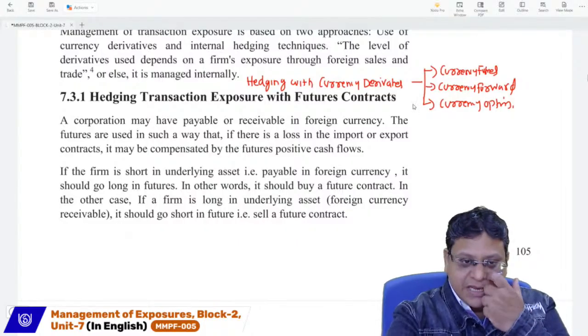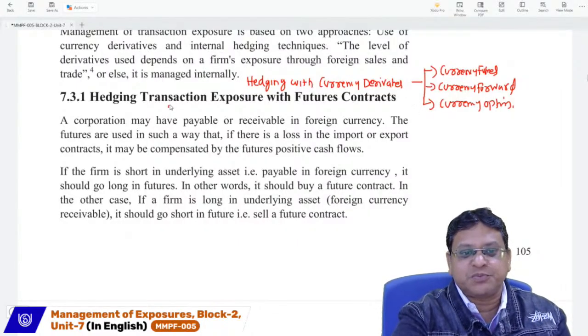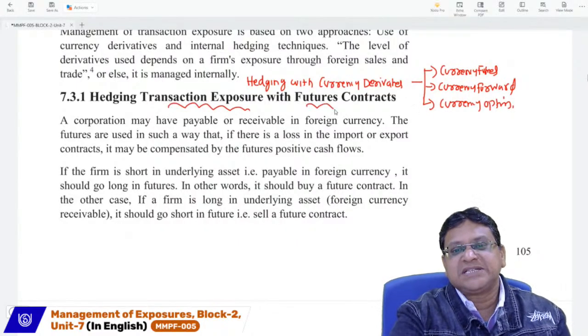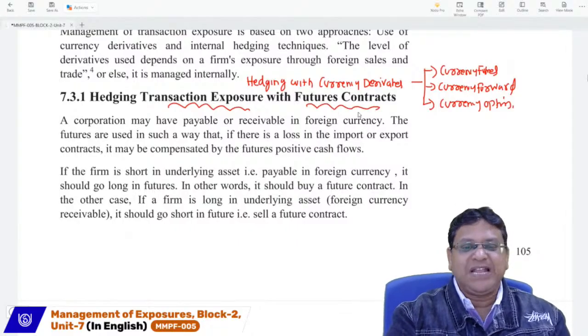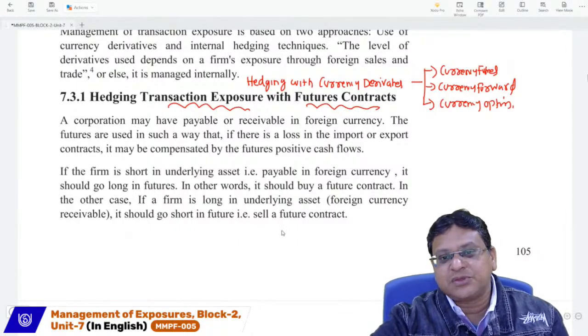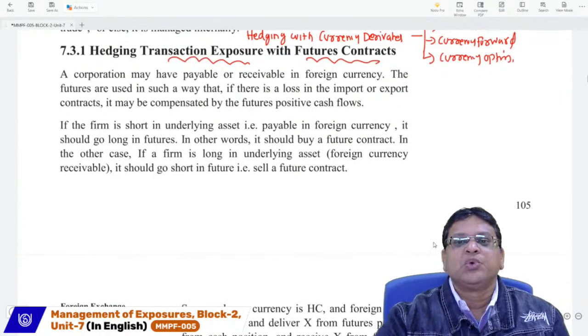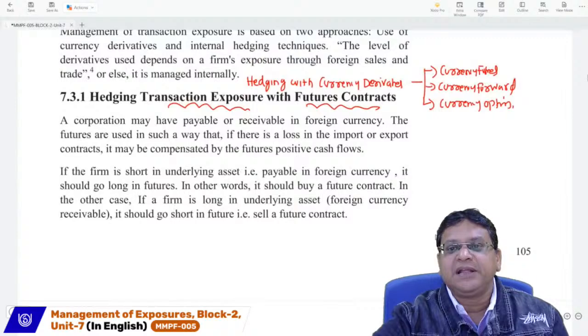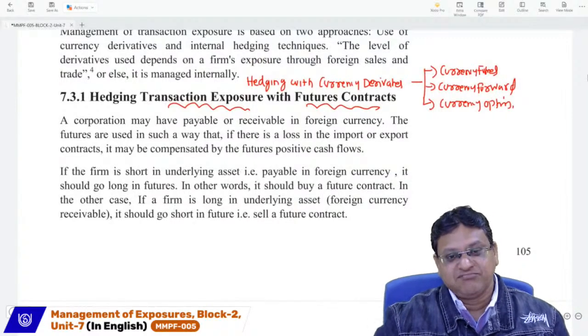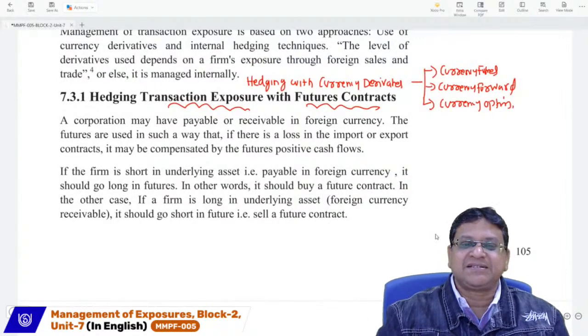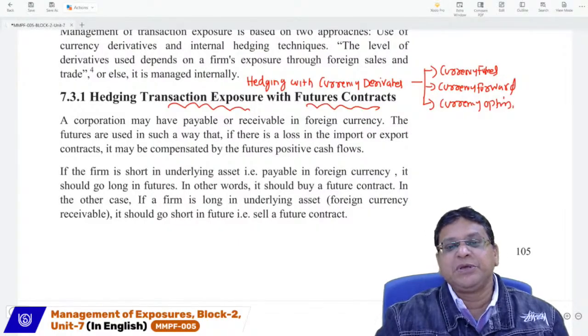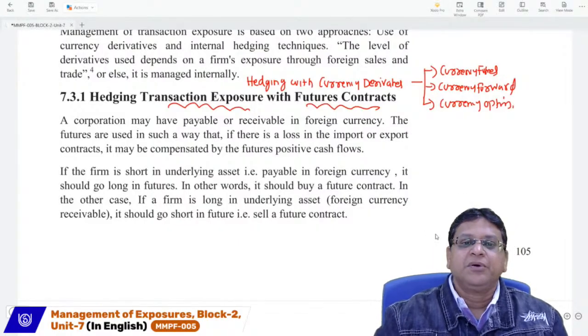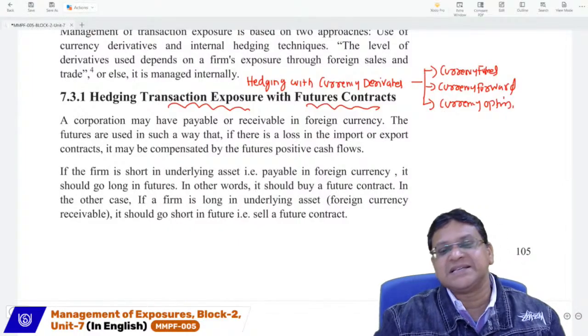First, we will discuss hedging of transaction exposure with currency futures. We know what is futures. Futures are those type of derivative instruments which are purchased and sold in market. Which market? In exchange. These are exchange traded derivative futures. Okay, so you want to hedge your foreign currency risk.